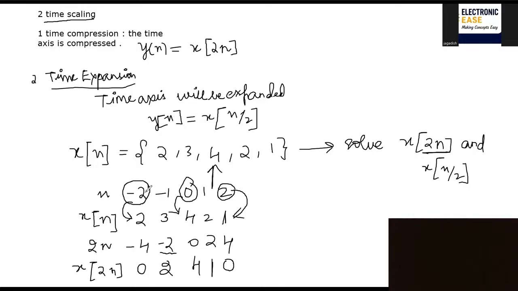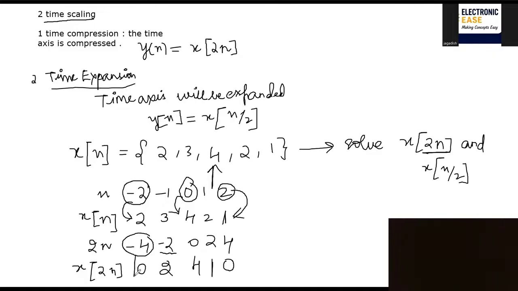You have to compare with your n values and see the corresponding value of x of n. Who have doubts? Sir, explain once again, x of 2n. So see, students, in 2n at -4, can you see any n value in this -4? No, sir.